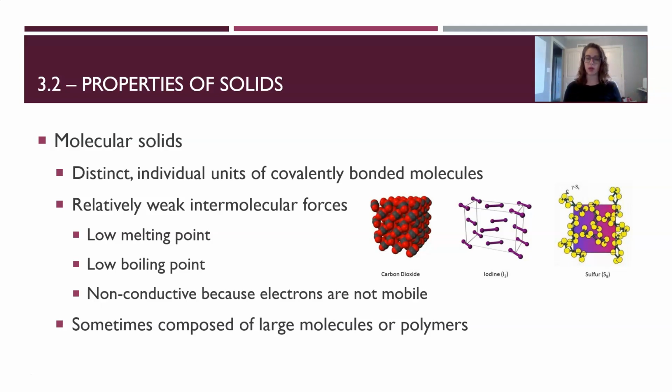Because of this, they have low melting points, which means they have to be relatively cold in order to be solids. They have low boiling points, which means it's easy for them to turn into a gas. And they're non-conductive because there's no opportunity for the electrons to be mobile. Sometimes molecular solids are large molecules or polymers, so where we have multiple repeating units, or large biomolecules.